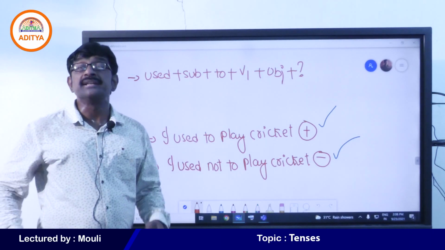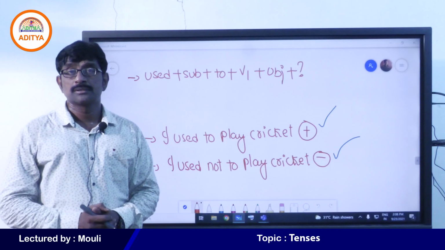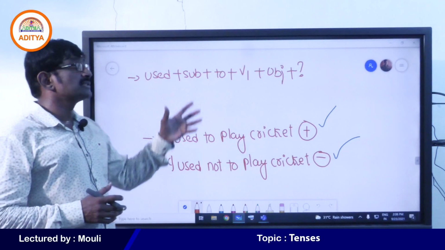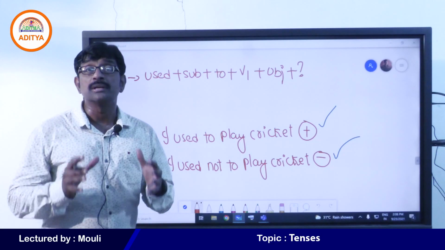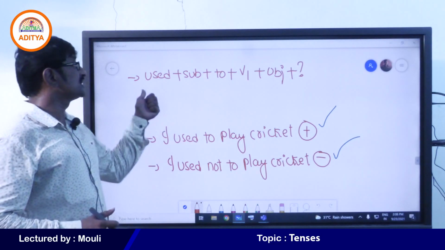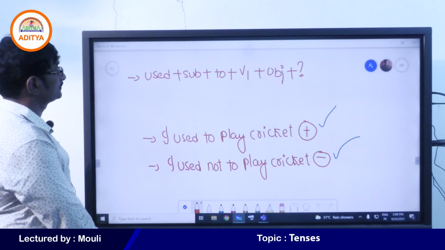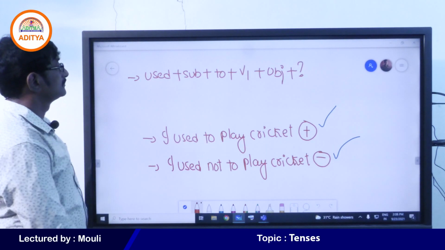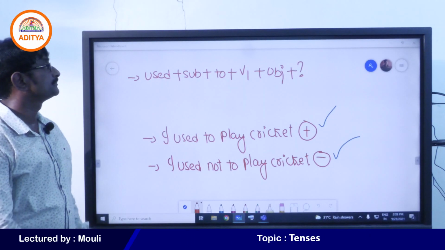This is an interrogative, students. So how to write an interrogative as a sentence? Let us verify now. You just write down this and after that I will verify it.